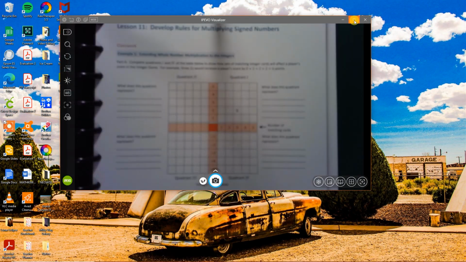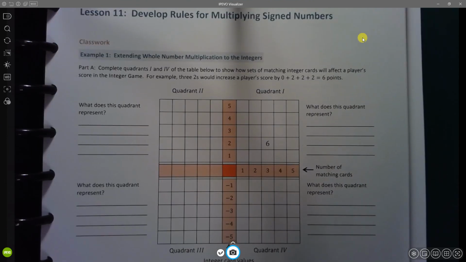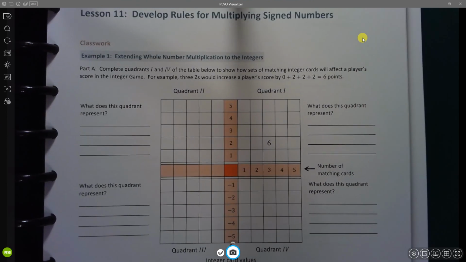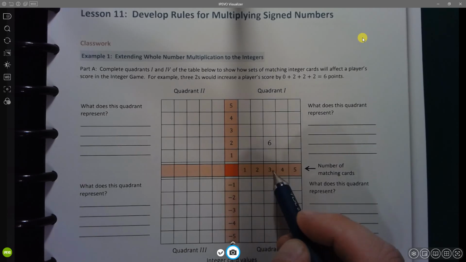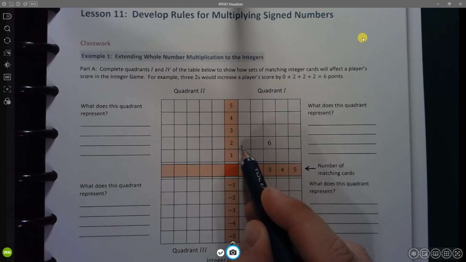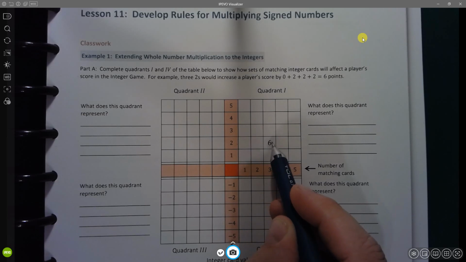Alright, so for example number 1, it says complete quadrants 1 and 4 of the table below to show sets of matching numbers. So show how sets of matching integer cards will affect the player's score in the integer game. For example, 3 2s will increase the player's score by 6.